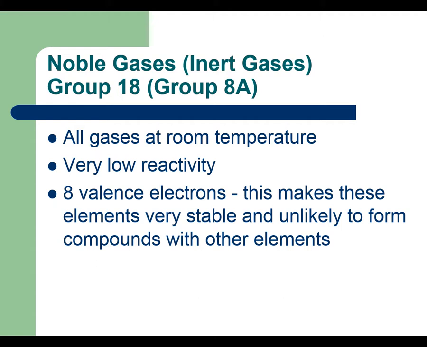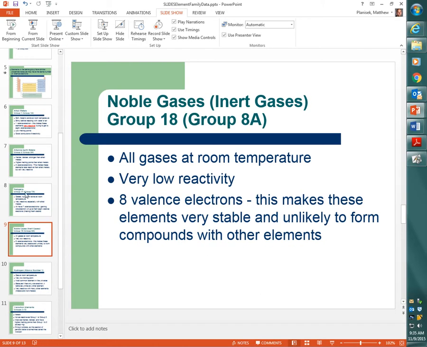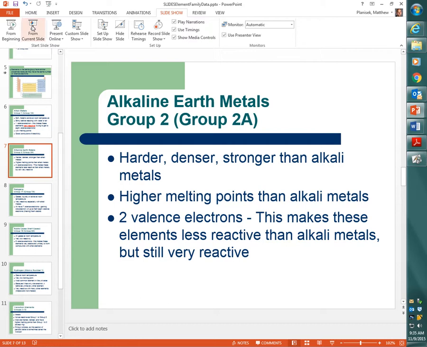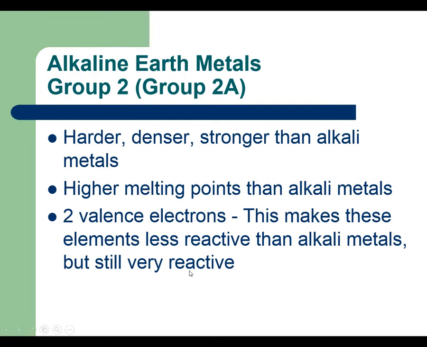Okay? Good there? Okay. Let's talk about a couple other families that we passed along the way. The alkaline earth metals, okay? The alkaline earth metals are similar to the alkaline metals in that they are reactive, but they're not quite as reactive as the alkaline metals, because alkaline metals only have to give away how many valence electrons? 1.